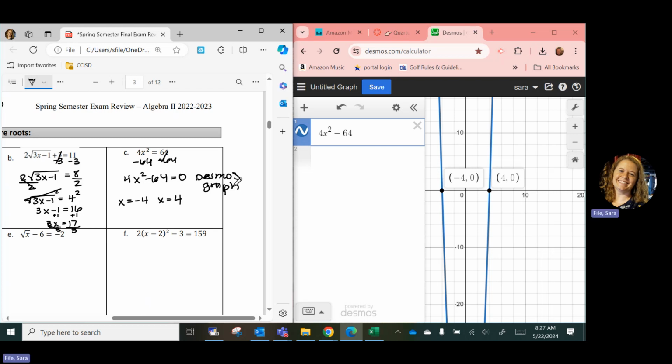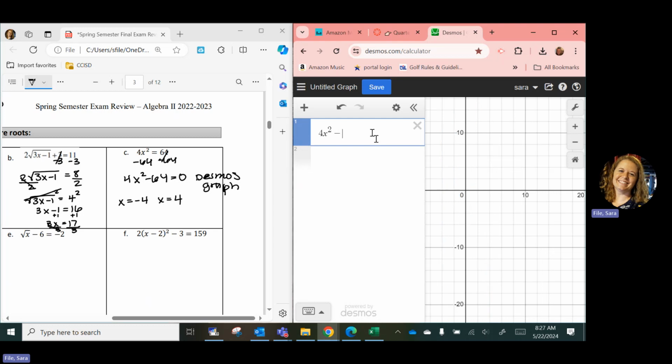Now, your other option, instead of moving everything to one side and getting it set equal to 0, is to leave it like it's written. You leave the left side and the right side alone and you write them as two separate equations. So you write the left side and then the right side.